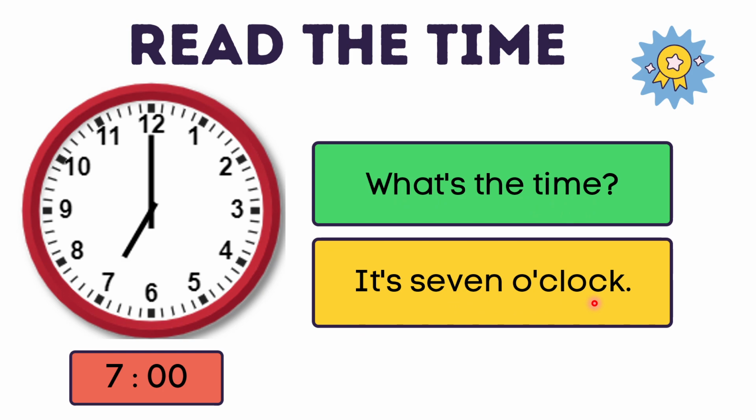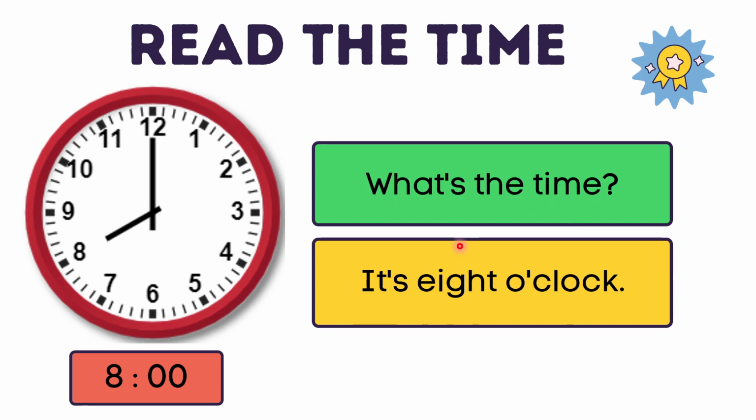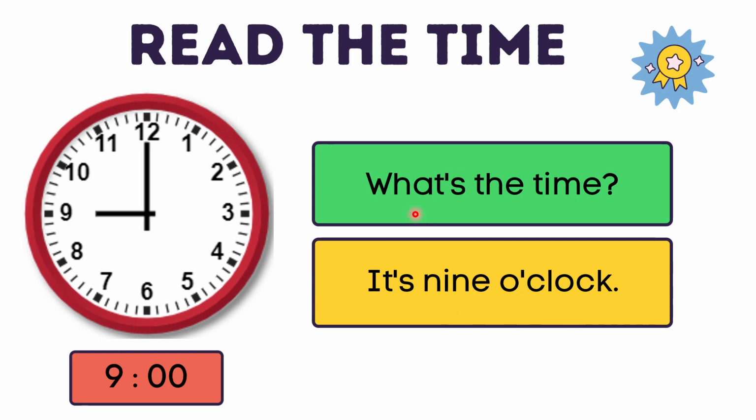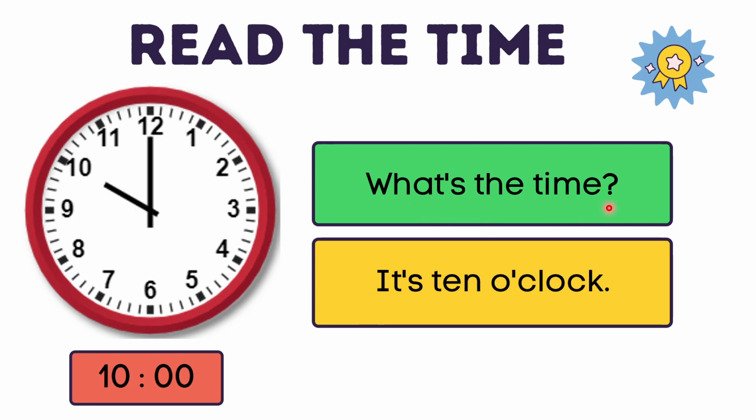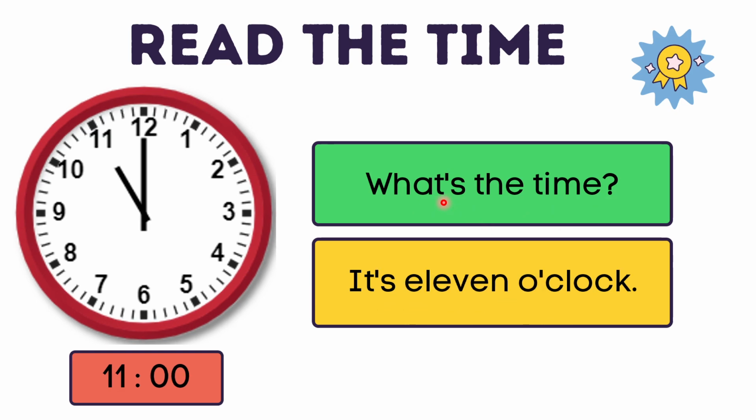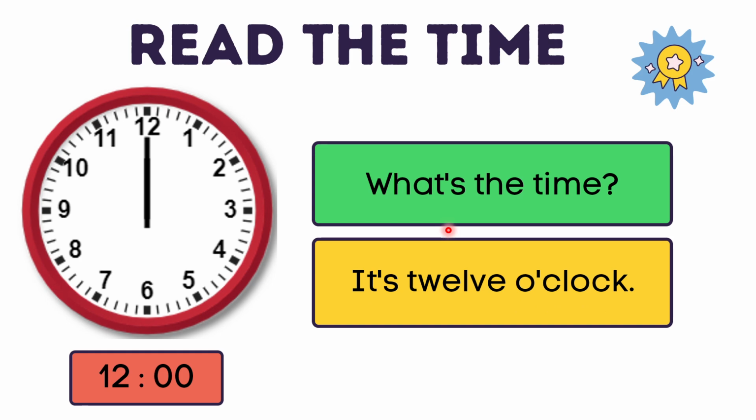It's 7 o'clock. Next, what's the time? It's 8 o'clock. Next, what's the time? It's 9 o'clock. What's the time? It's 10 o'clock. Next, what's the time? It's 11 o'clock. Next, what's the time? It's 12 o'clock.